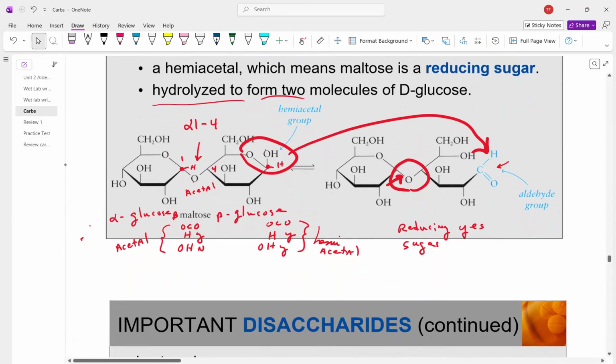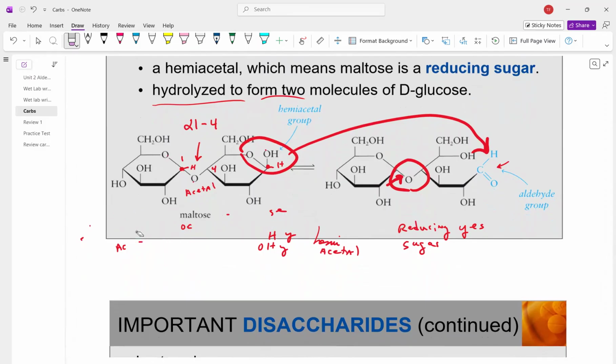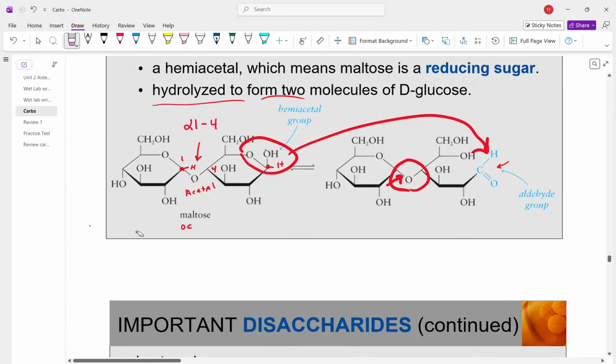So if we analyze this, now there's two OCOs with a disaccharide. The one on the left, one on the right. So let's do the one on the left first.